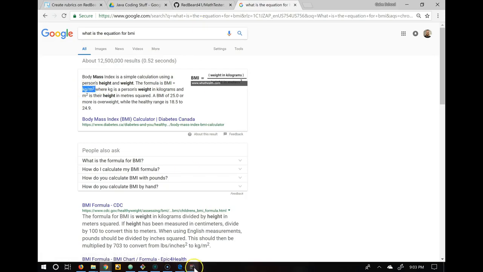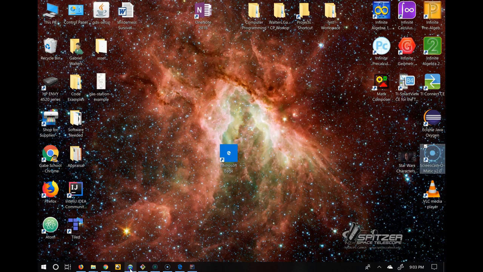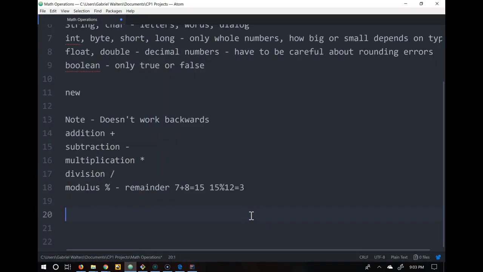So if I was playing around in here, and let me go back to Adam, if I was playing around in doing that, let's do BMI is equal to kilograms divided by meter times meter. That's how we could represent it in our code. Okay, this is the equation for BMI.